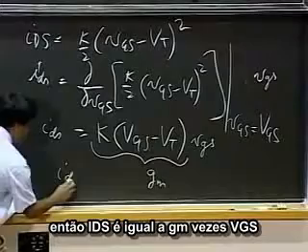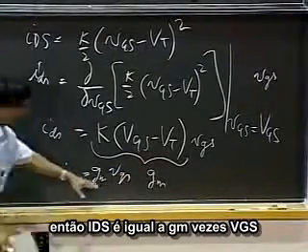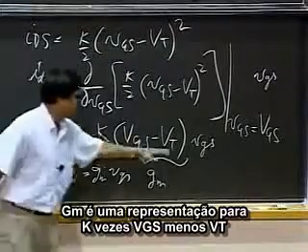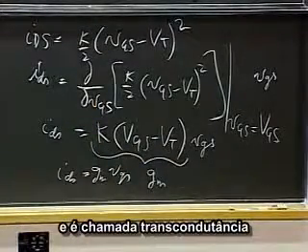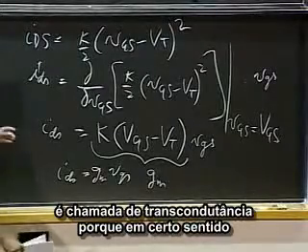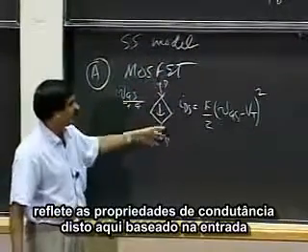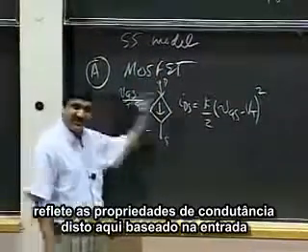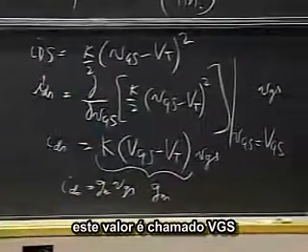So IDS equals GM VGS. GM is a representation for K times VGS minus VT, and it's called a transconductance. It's called a transconductance because, in some sense, it reflects the conductance properties of this based on the input. So it's a transconductance. Okay, so this value is called VGS.